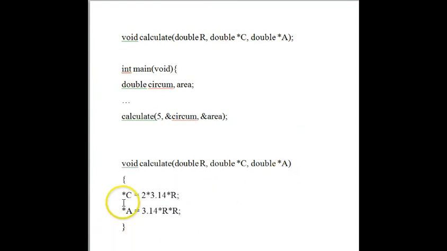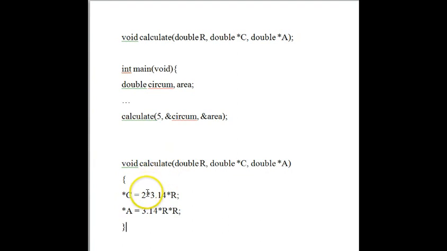Our simple function then just says take 2 multiplied by pi multiplied by R, store that into the address pointed to by C, which is here, which again remember would be back here, our circumference, and then we have pi R squared goes into the address pointed to by A, which again remember is area.